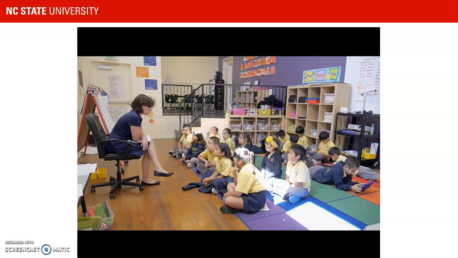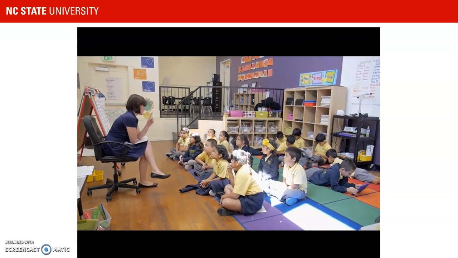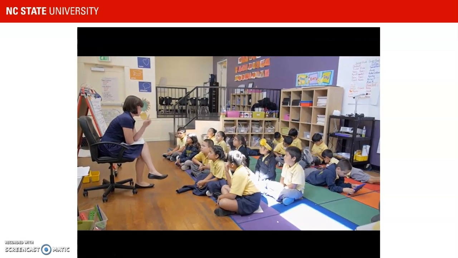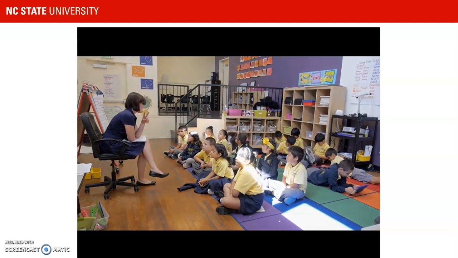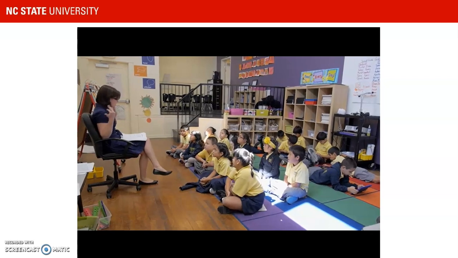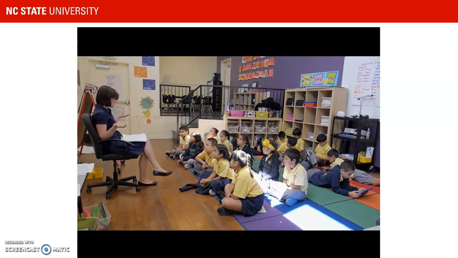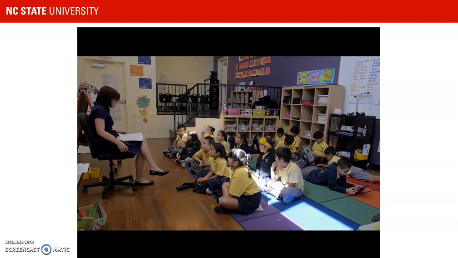Here we see a teacher giving direct instruction to the group of students in the first two rows. Notice students are listening and not doing any other task at this time.